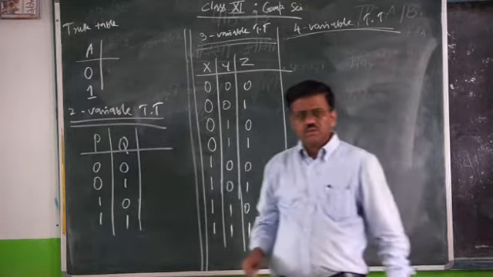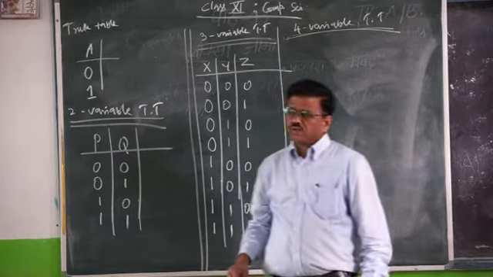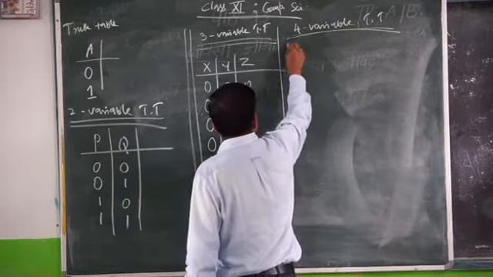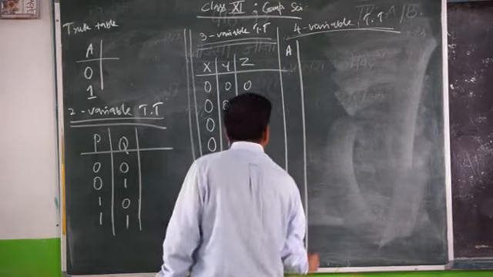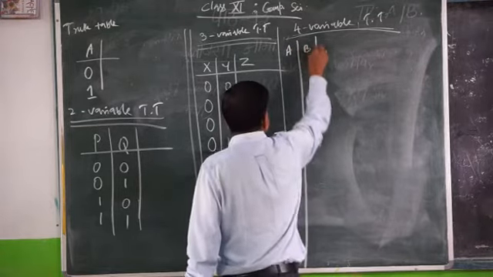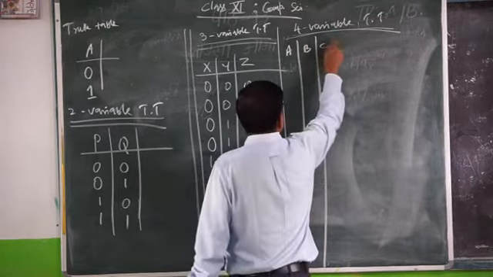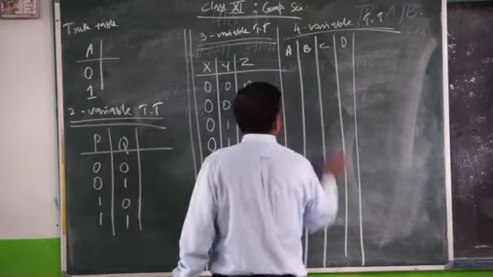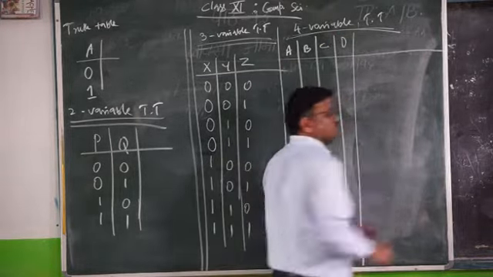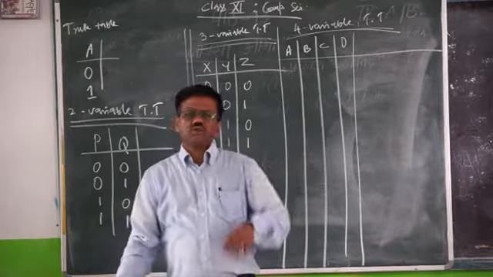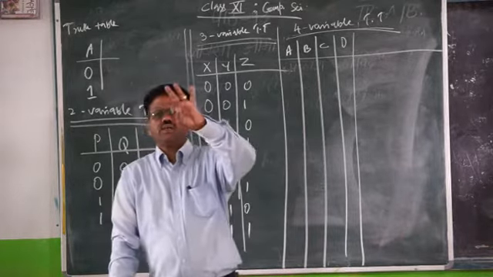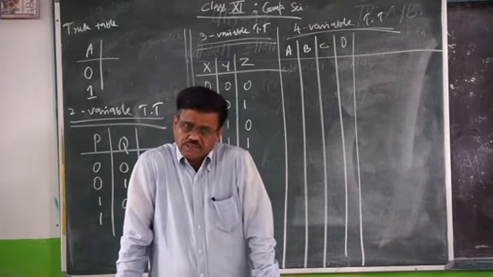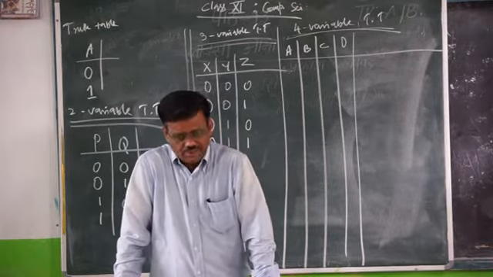I take variables called A, B, C and D. How many variables are there, boys and girls? 4 of them. 2 to the power of 4: 2 2s are 4, 4 2s are 8, 8 2s are 16. Half of 16 is how much? 8. So it should begin with 8 zeros.